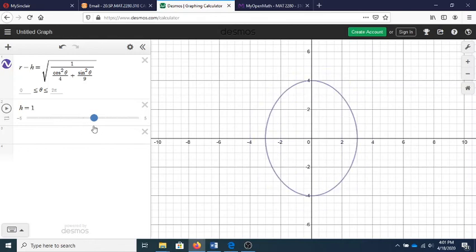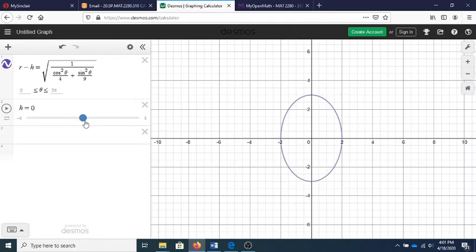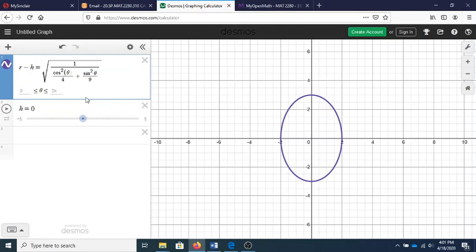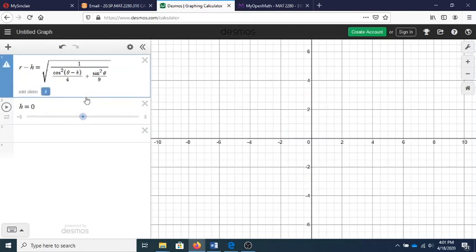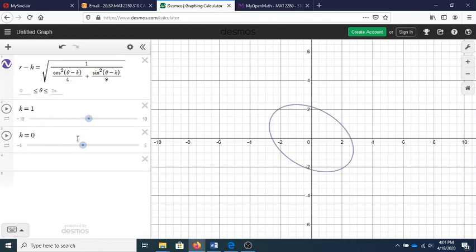Now, let's manipulate theta. Let's add and subtract things directly from theta. So maybe we'll use k for that. Add a slider for k.